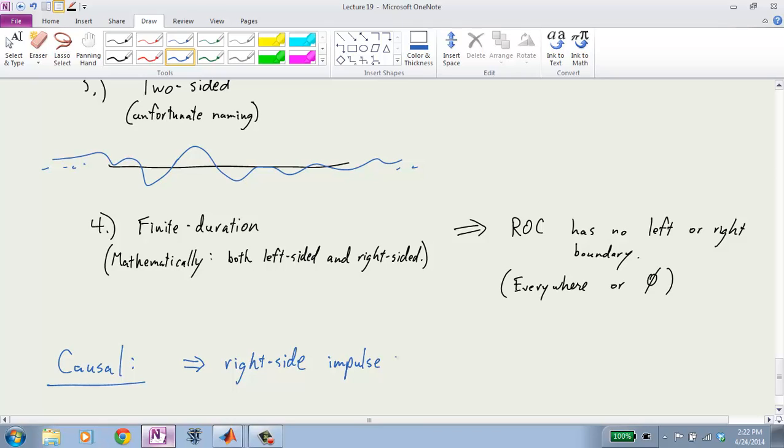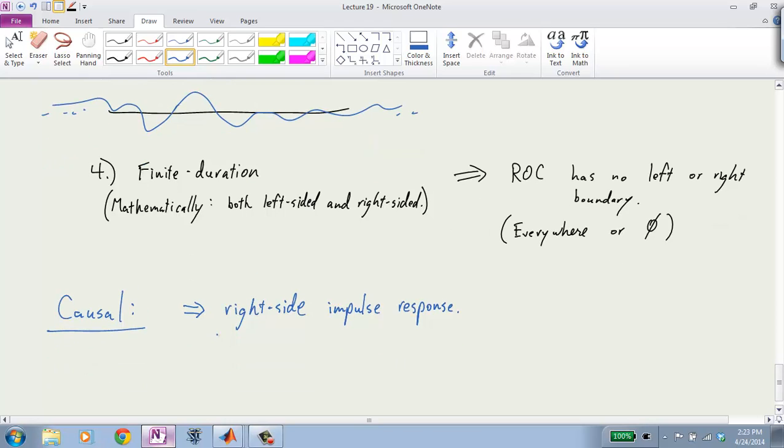Someone want to mention specifically what we've said in the past for LTI systems that are causal? What do we know about the impulse response? Yes, exactly. So h of t equals 0 for all t less than 0.